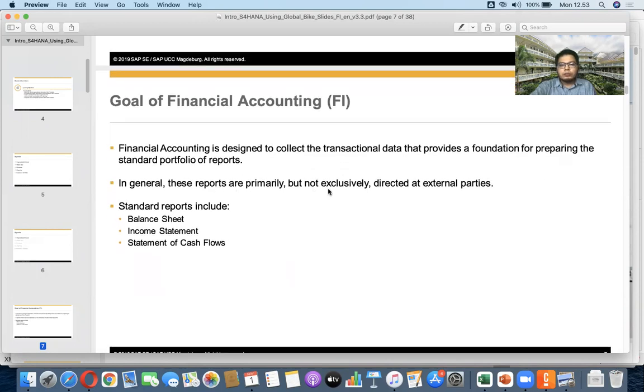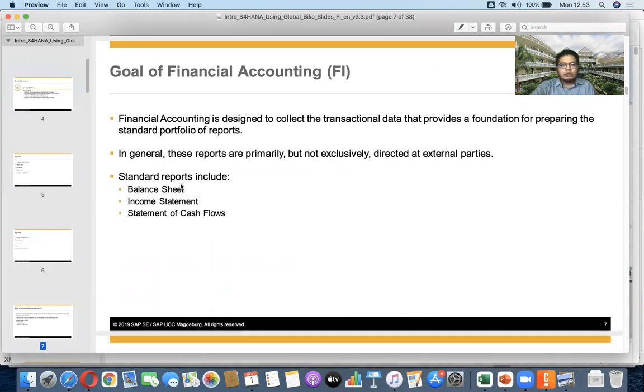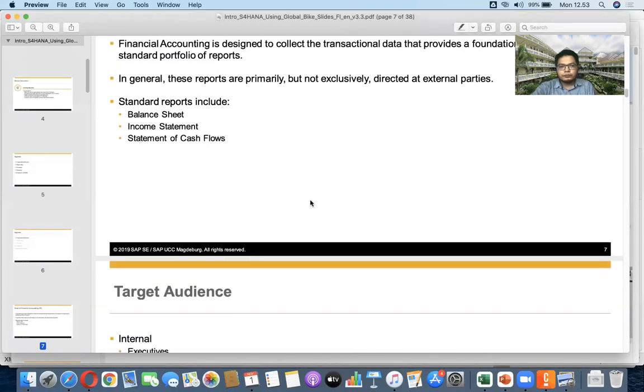In general, these reports are primarily but not exclusively directed at external parties, usually auditors. The common financial reports are the balance sheet, the income statement, and the statement of cash flow. They are always using this. This is the end result of the financial accounting module.